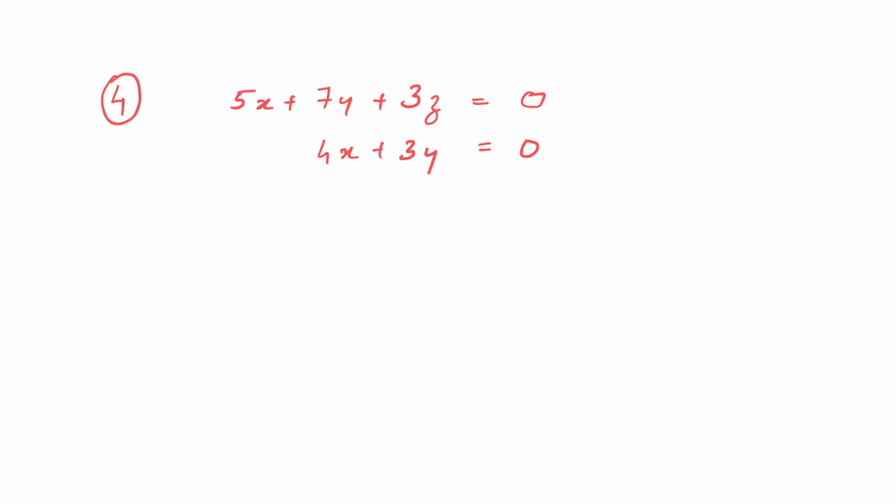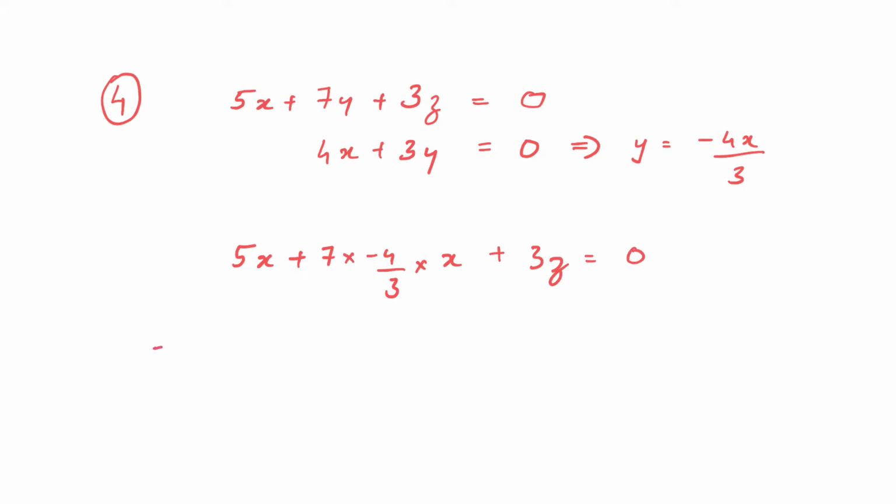We can of course answer this question by actually solving this system of equations. The second equation will tell you that y is equal to minus 4x by 3. And you can substitute this value of y in the first equation. If you substitute this value of y in the first equation, you will get 5x plus 7 into minus 4 by 3 into x plus 3z is equal to 0.